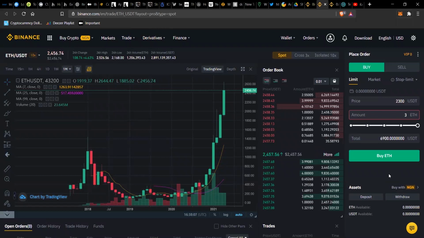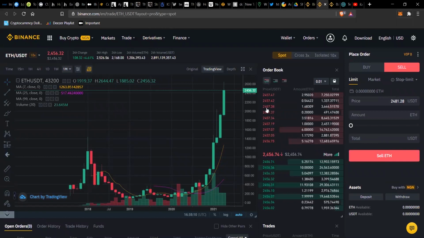It's that simple. But now if I want to sell, let's say I have ETH and I would like to sell my ETH. Now, ETH is currently trading at $2,456. But let's say I want to sell my ETH at $3,500.